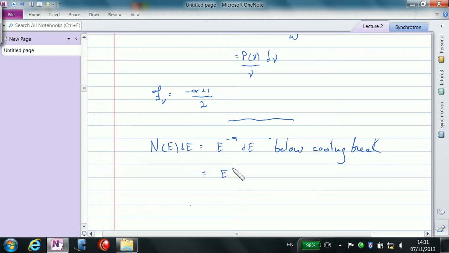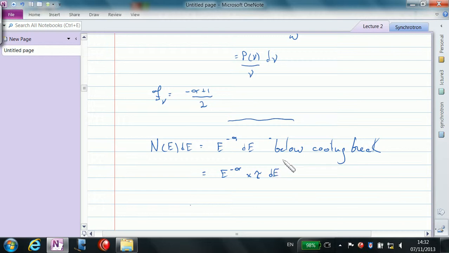It's equal to E to the minus alpha times the lifetime of the electrons. You're injecting at a constant rate. The number you injected within one lifetime is just proportional to the time it takes them to radiate away their energy. So it's just times the lifetime.